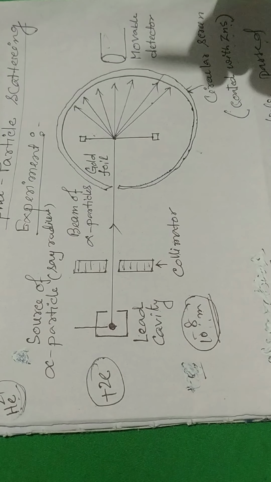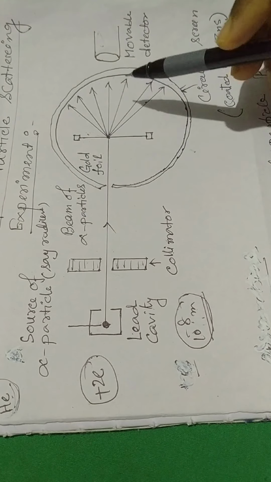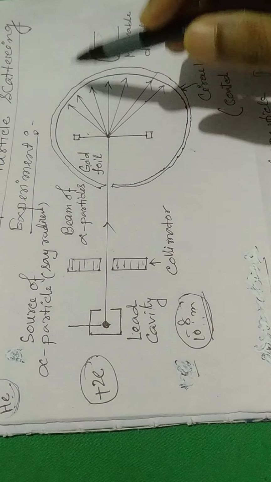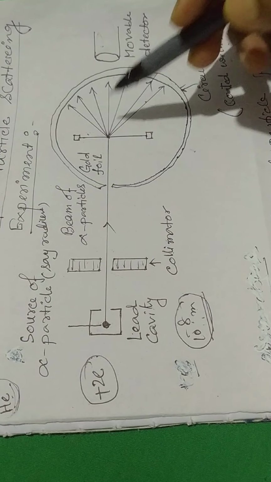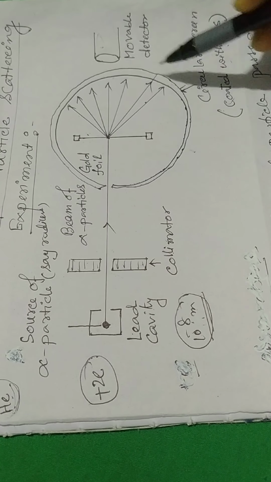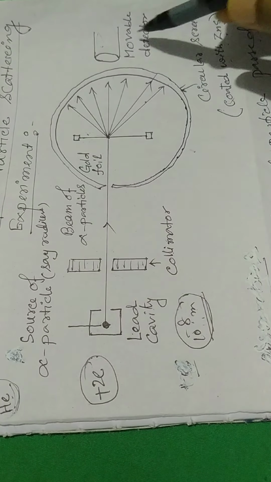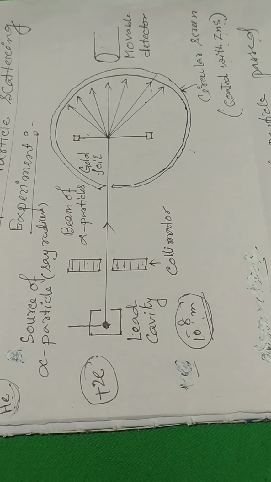When the alpha particles strike the screen, there are short light flashes, which are called scintillations. The alpha particles scattered in different directions are detected using a movable detector, which can be moved along the scale.